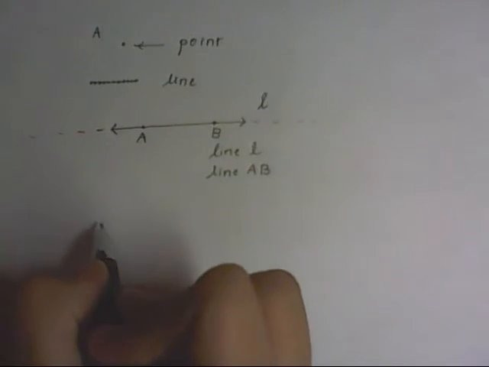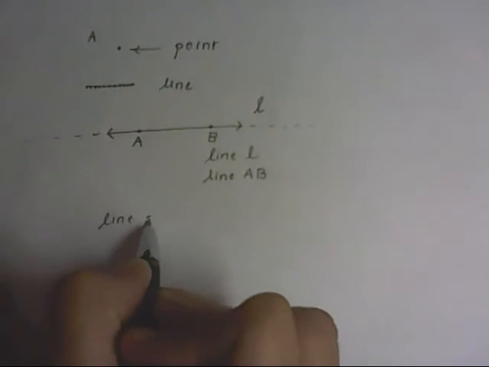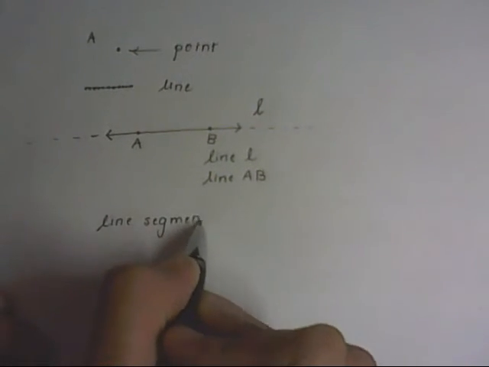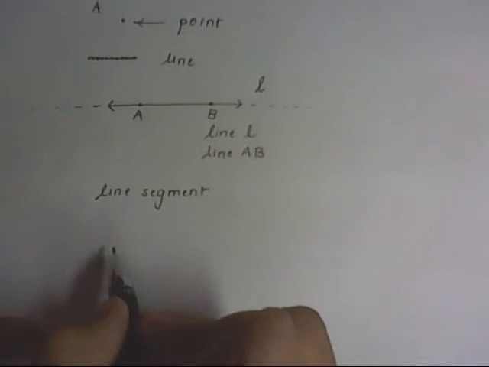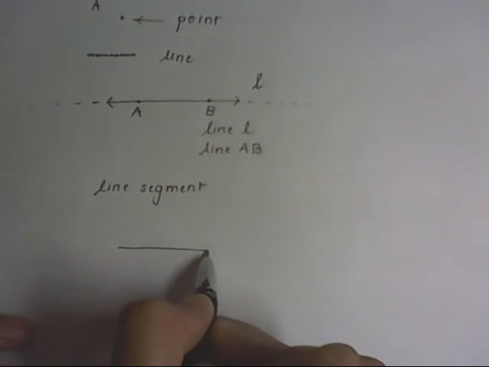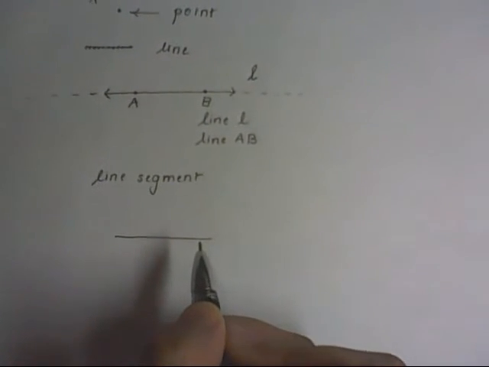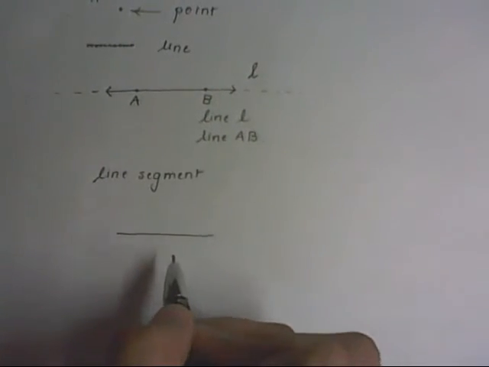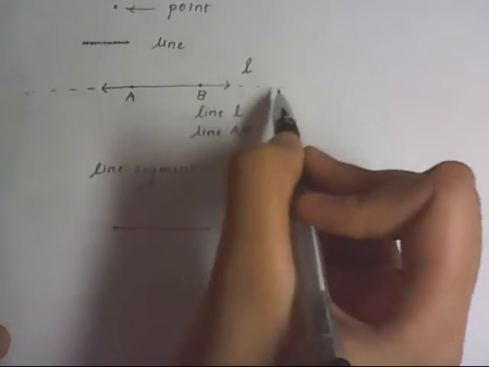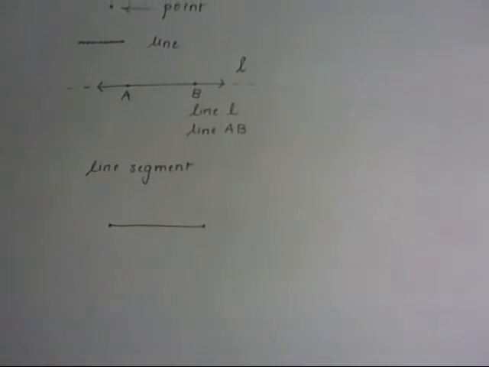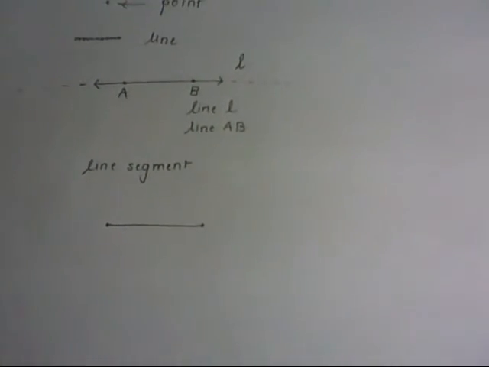Now, what is a line segment? Line segment is also a set of points which is arranged in a particular orderly manner. But it is not infinite as a line. It has restrictions.